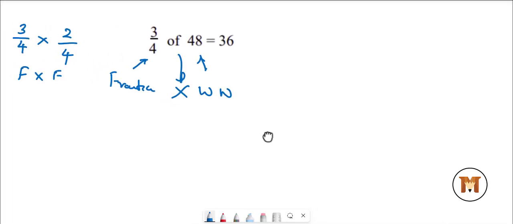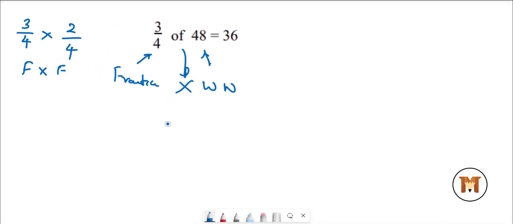Okay, so now I'm going to take this particular question. Let's take it out. 3/4 multiplied by 48. So that equals what? That is the question, and this is the example that has been given.